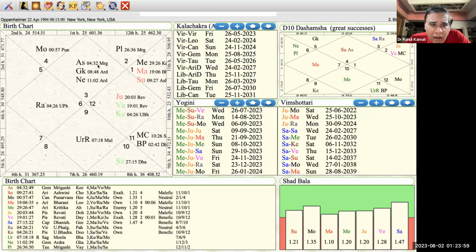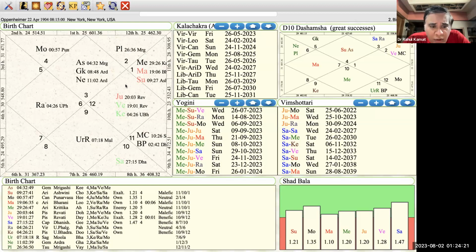And we will also see later on that Jupiter and Venus are in Revati, exalted, conjunct. Okay, although they just change Navamsha now. But Jupiter and Venus are conjunct within 1 degree of each other in Pisces in Revati, Revati being a Mercury nakshatra. So Mercury is a dispositor of Jupiter and Venus also.